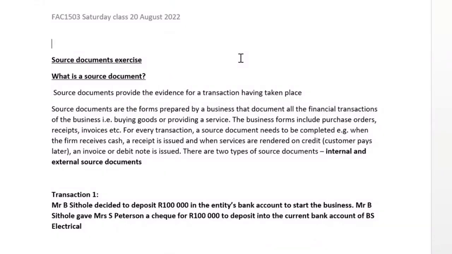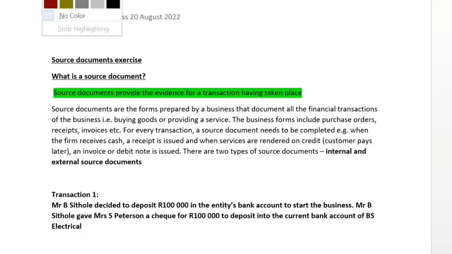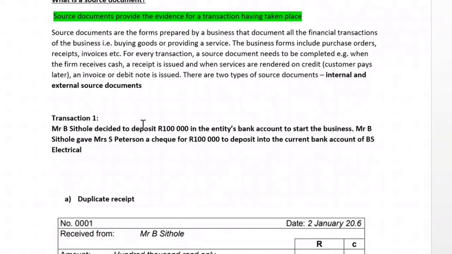It's more on source documents. I want you to be able to recognize and identify source documents. So in this exercise, I'm saying source documents provide evidence for a transaction to take place.